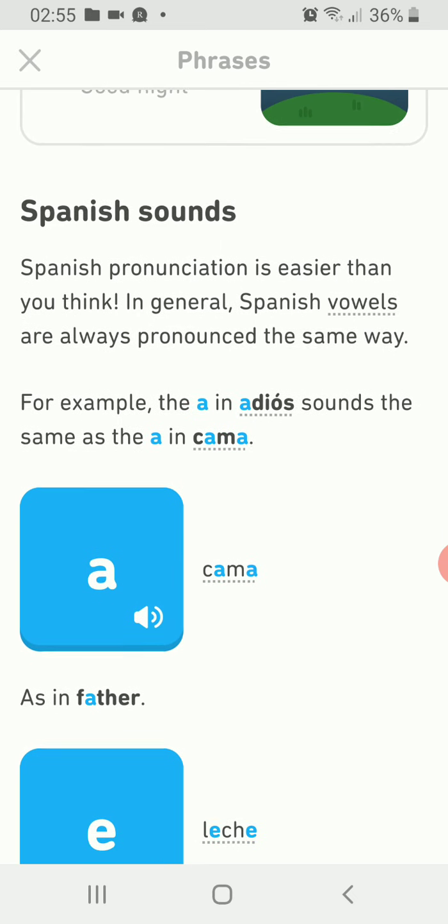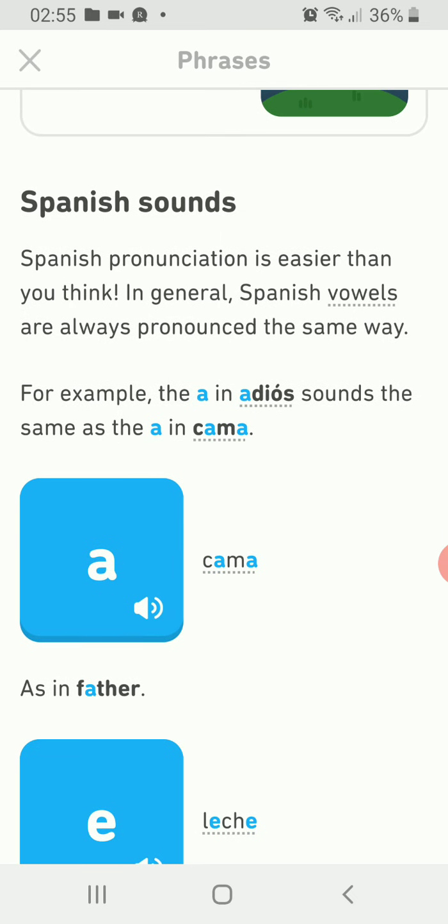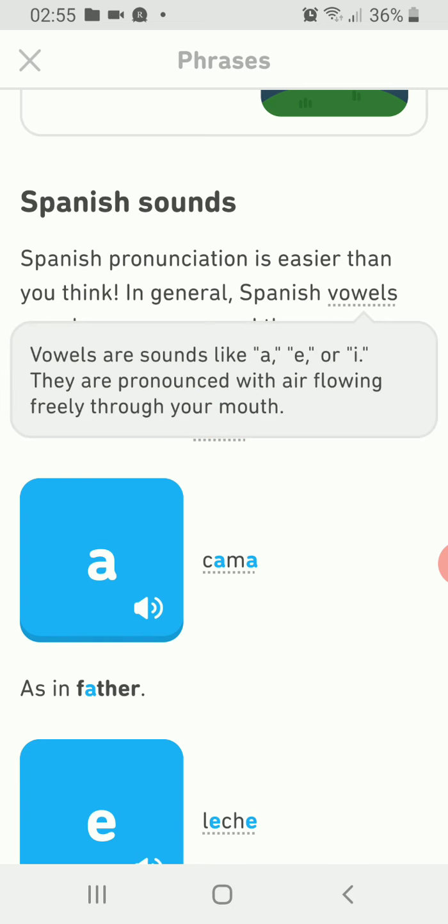All right. And here we will study a little bit the vowel sounds in Spanish. So vowels are sounds like a, e, or i. We know that there is also u, for example, but they are pronounced with air flowing freely through your mouth.